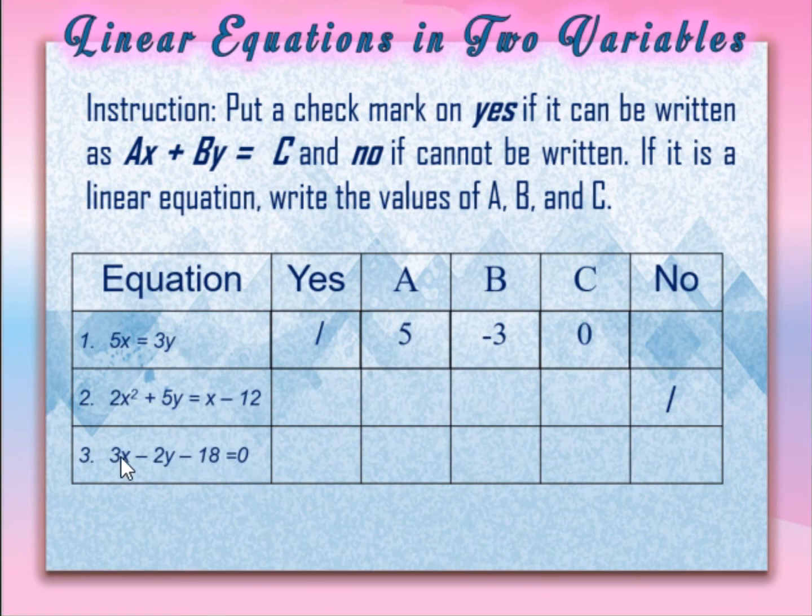Can we change this to standard form? So it's a yes. What is the standard form of this? If your answer is 3x minus 2y is equal to 18, then you are correct. So, it's a linear equation. The value of a is 3, the value of b is -2, and the value of c will be 18.